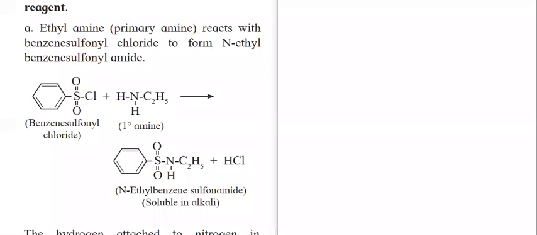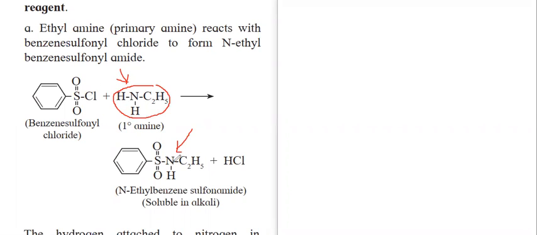The first reaction, the ethylamine, here it is shown, it is a primary amine as it contains this NH2 group. When it reacts with this benzene sulfonyl chloride, it forms N-ethyl benzene sulfonamide. Here, the NH group is directly attached to this SO2 group.